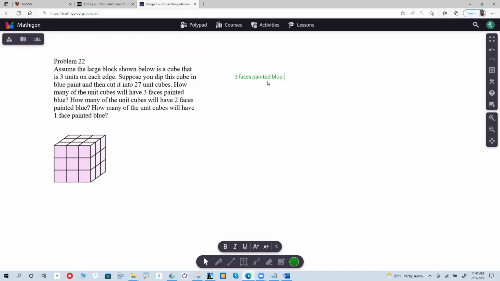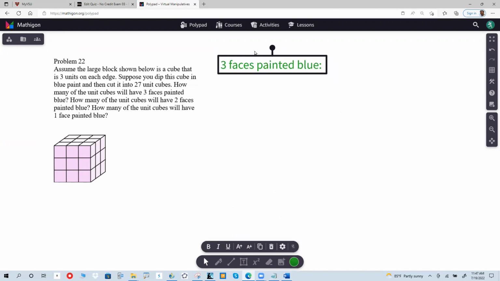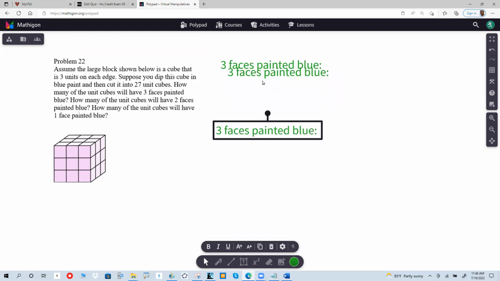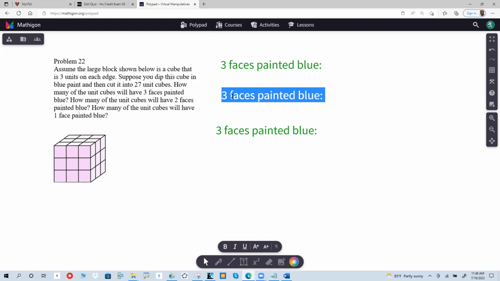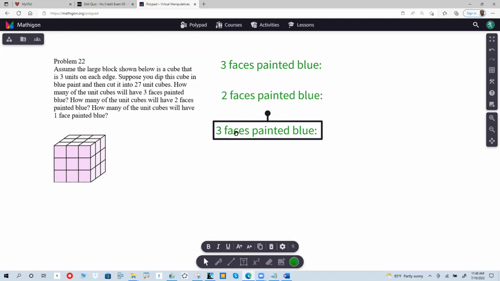Now I will write the number here. And let's do a couple more. 2, then 1.